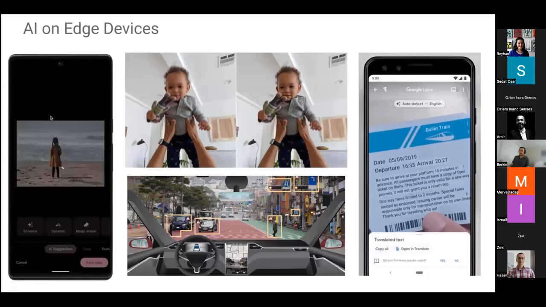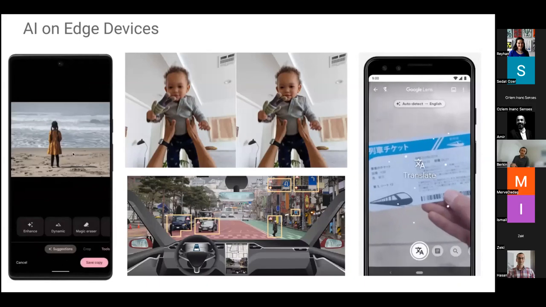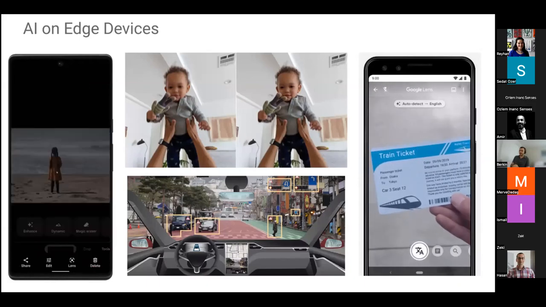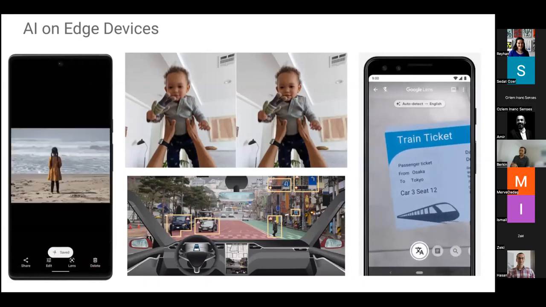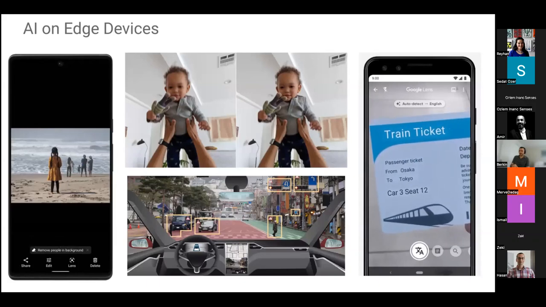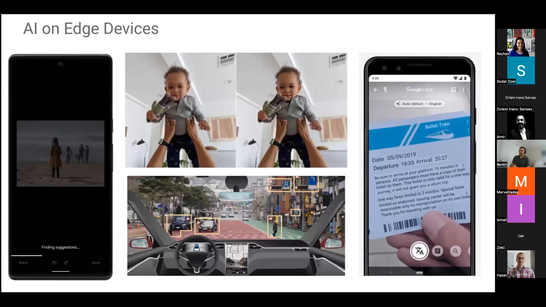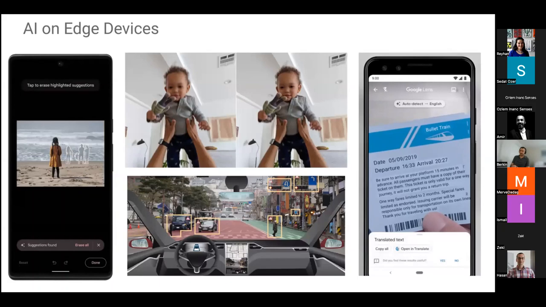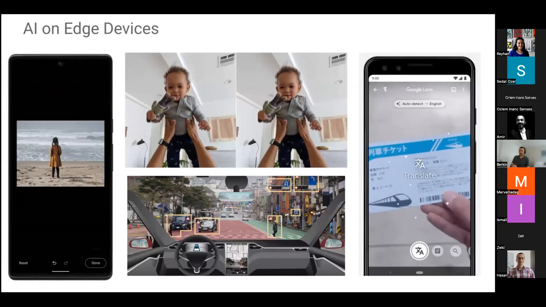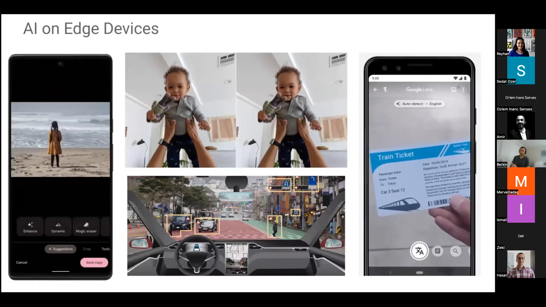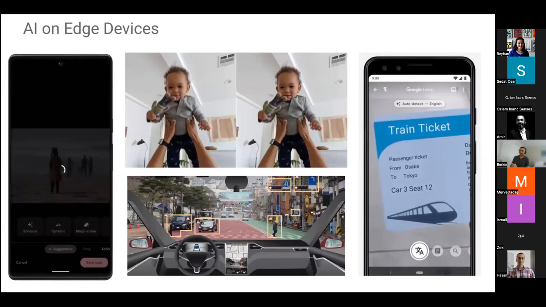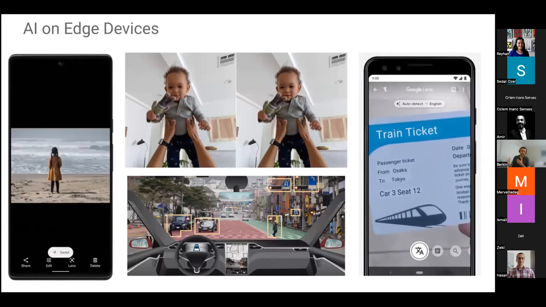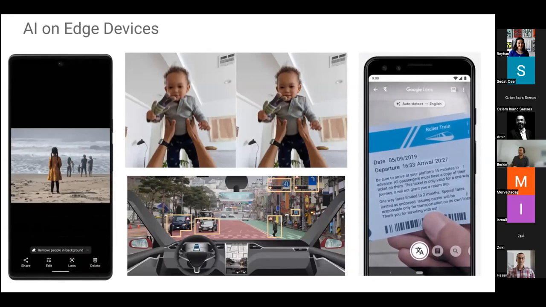When you consider what's happening here, there are multiple levels of AI. There's speech processing that understands what you said, and multiple levels of computer vision. It detects that there are multiple people, some in the background, some in the foreground, and then removes them and replaces them with the correct pixels.